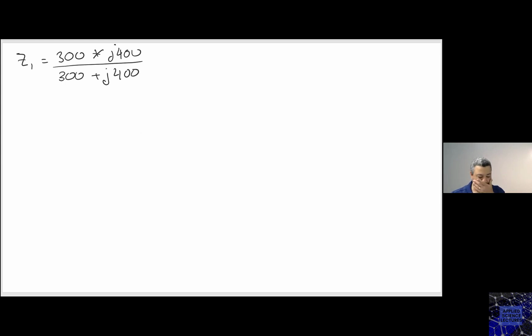I need to find the equivalent here. So Z1 is 10 to the power 4 j, and j I can replace here with 90 degrees, right?